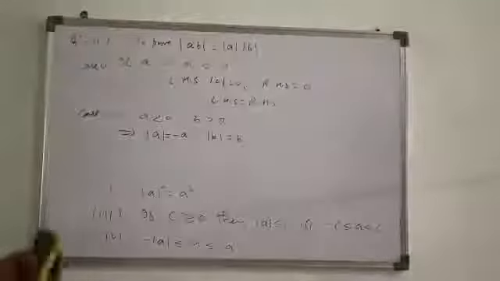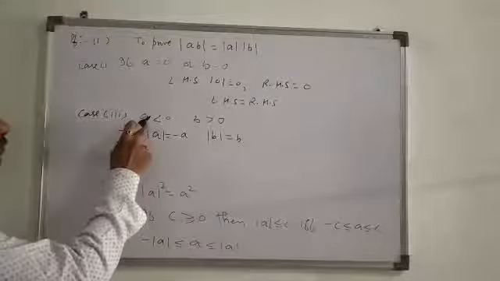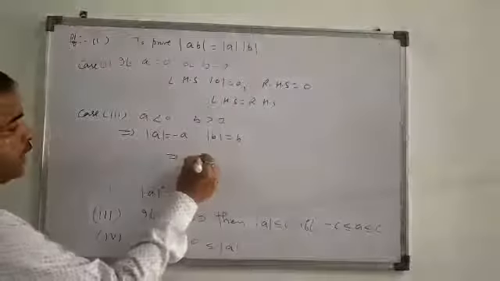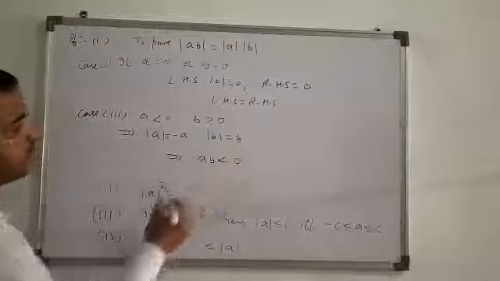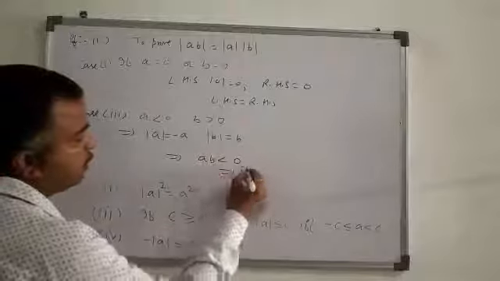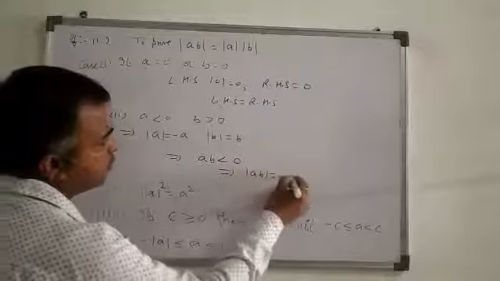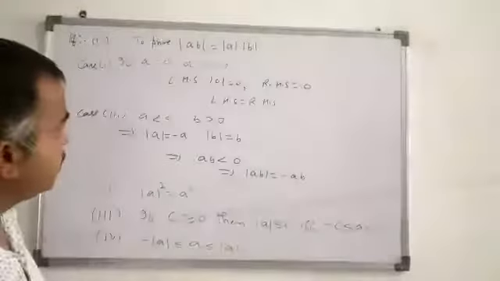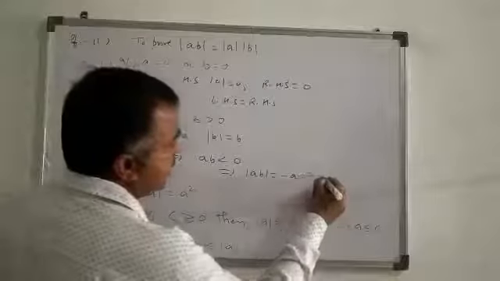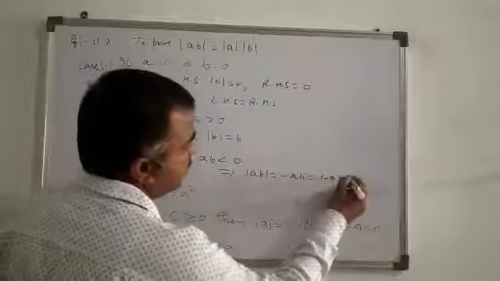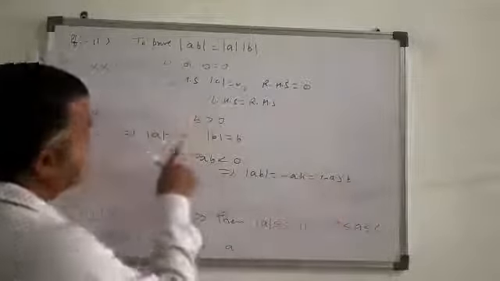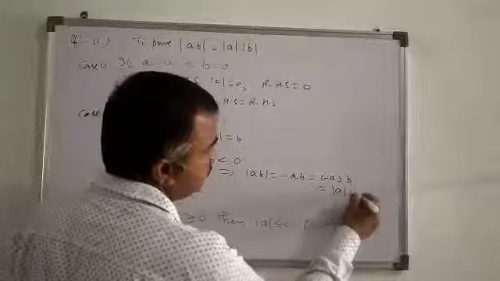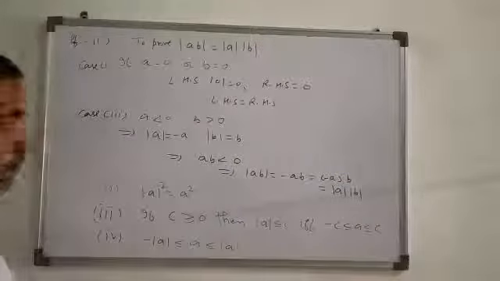Again, we know that the product of a negative real number and a positive real number is negative, so it implies a into b is negative. So mod of ab, by definition of absolute value, equals minus ab, which can be written as minus a into b. Here minus a is mod of a, and b is mod of b. So again this proves itself.